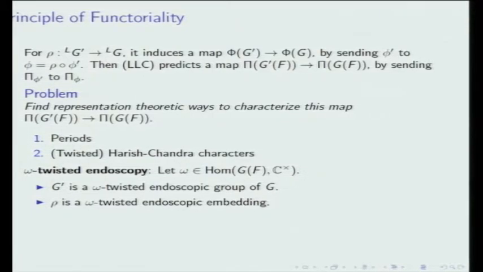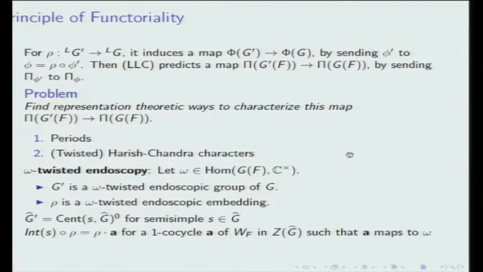To be a little bit more precise, if you wonder what these things are, the dual group of G prime will be a closed subgroup of the dual group of G. And the L-homomorphism rho is invariant under conjugation by s up to a twist. And the twist corresponds to the character omega that you start with.